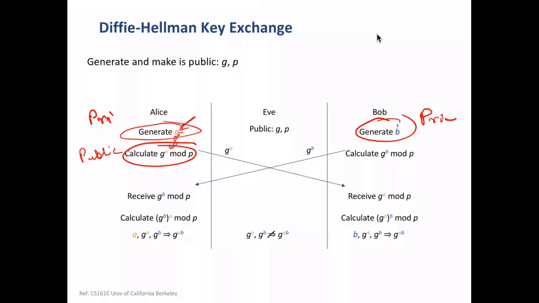Once they generate their private and public keys, they exchange public keys, and from the combination of the public key of the other party and the private key of oneself, a common shared secret like g raised to the power can be calculated. So that's all.